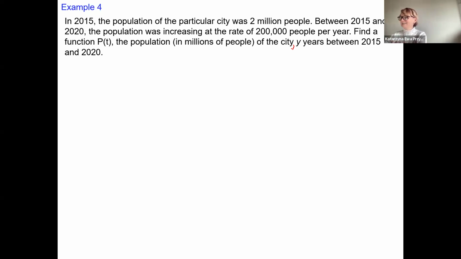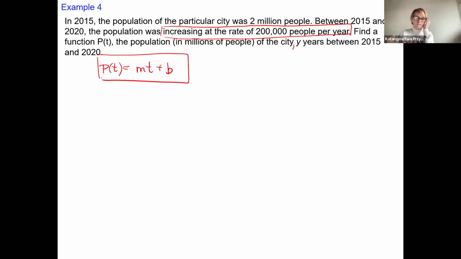I think it's correct, but let's see. This is definitely the key sentence that is telling us that the model is linear. We will say mt plus b, where t is the variable time.